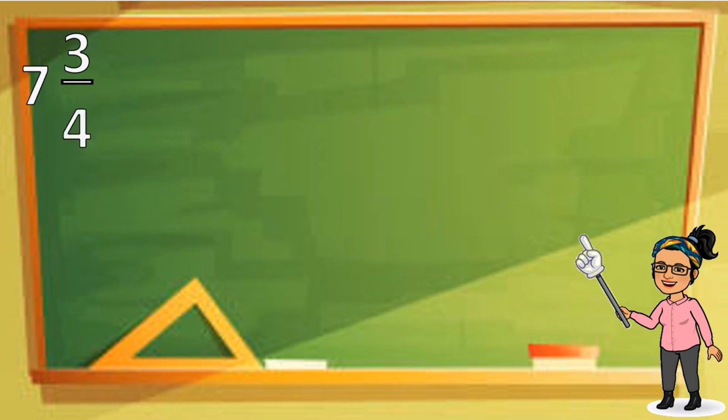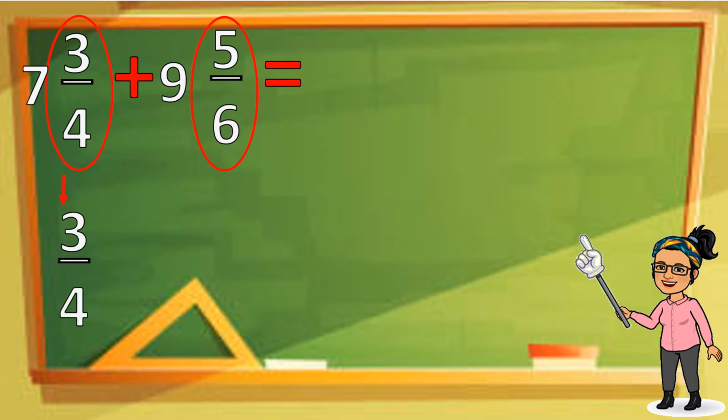Okay, let's add 7 and 3/4 and 9 and 5/6. These are dissimilar fractions because the denominators are not the same. So we have to change these fractions to similar fractions. And to do that, we have to find the LCD.